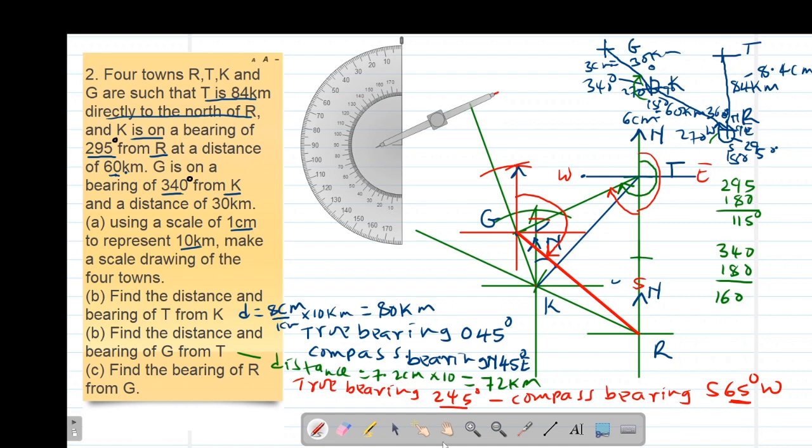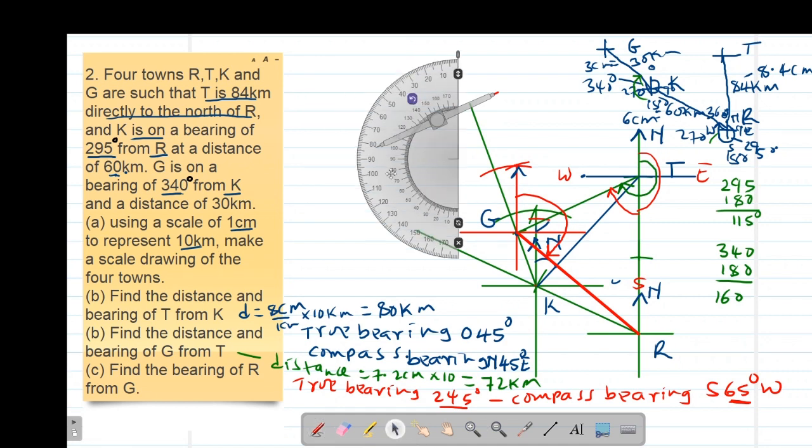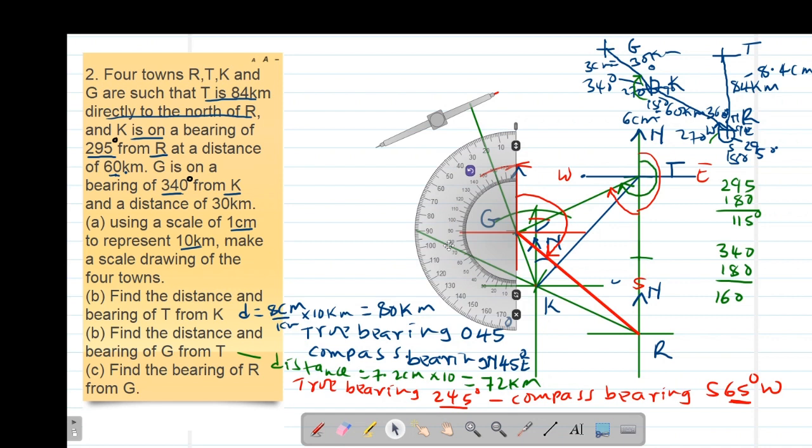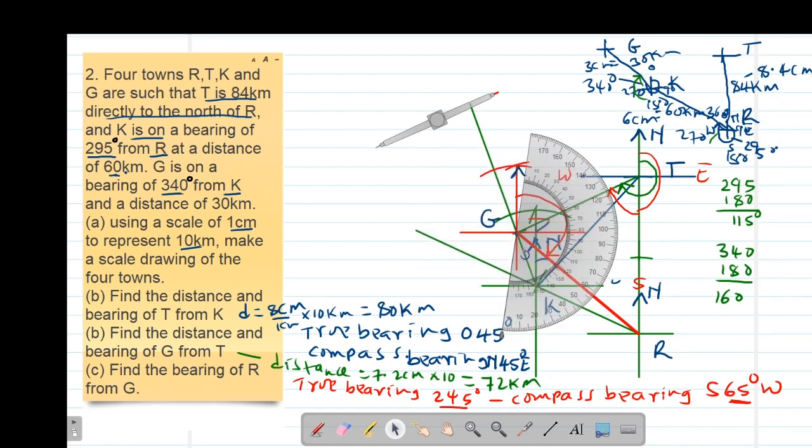So using my protractor, I'm going to measure that angle, R from G. I'm simply going to flip it in this direction such that it aligns with the north. Using the inner scale, this is 110, 120, 130.